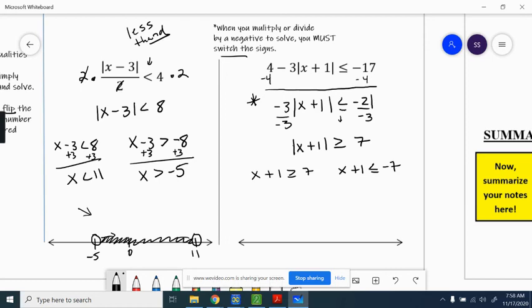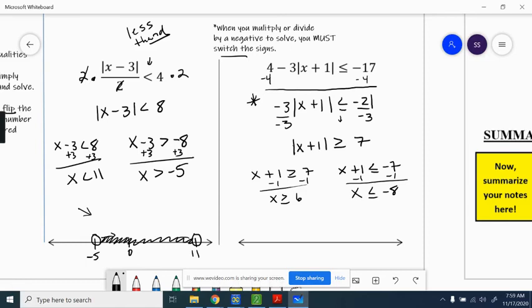So now we have x plus 1 is greater than or equal to 7, and x plus 1 is less than or equal to -7. Okay, so we're going to solve by just subtracting 1 on both sides, and we're left with x is greater than or equal to 6. And same thing over on this one. We're left with x is less than or equal to -8.